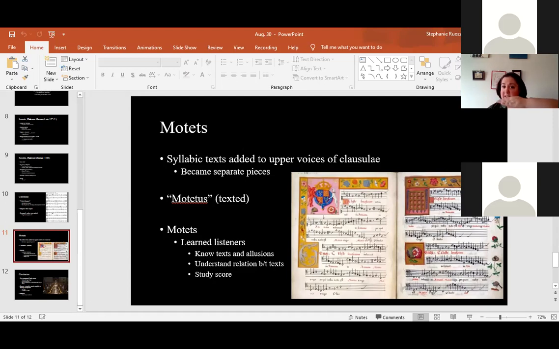That tenor is singing the original chant. The upper voices, the duplum, the triplum, the quadruplum, however many, are singing newly composed melodies over the tenor. So you've got the original chant and newly composed discant above it. So far, so good there?